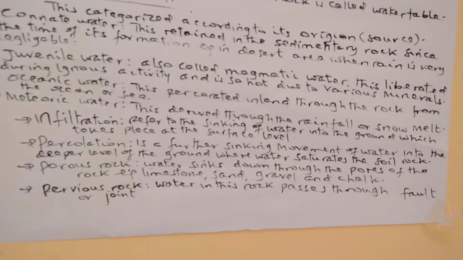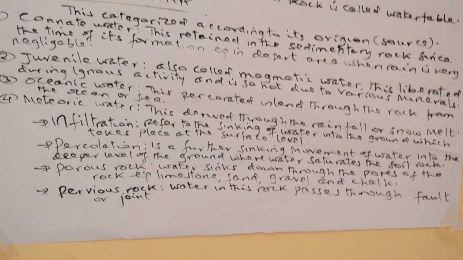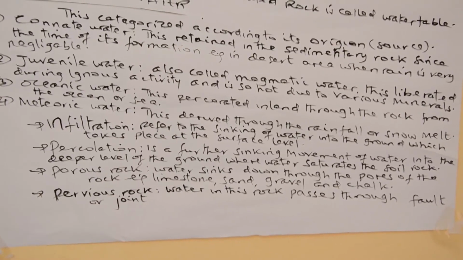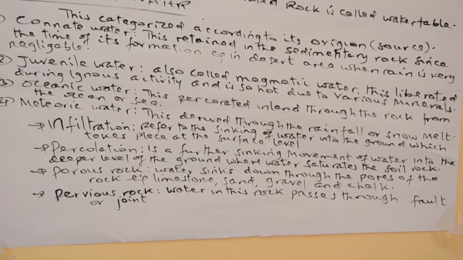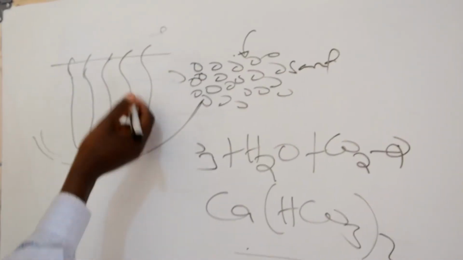Dear students, another terminology is called porous rock. This is when water in the rock passes through a fault or joint. The water, after dropping from the atmosphere through climatology, after the formation of cloud and thereafter precipitation, hits the earth's surface.